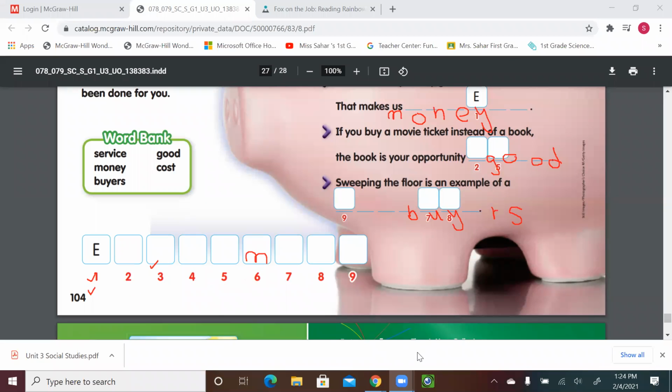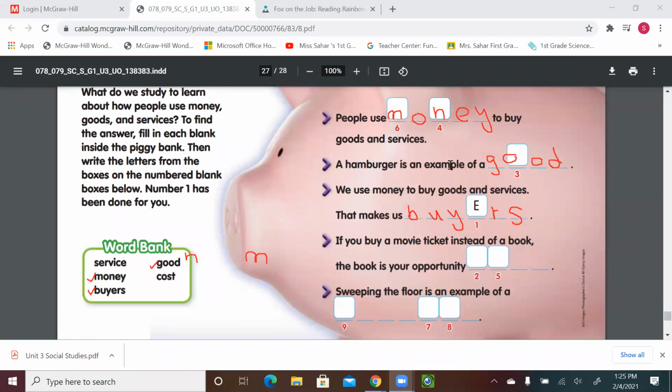And then I'm going to write N. Because remember, what I'm looking for, I'm trying to spell a word here. So that's what you look. You look at the number here, and you see what letter is written under the number. Okay. I know it looks funny now, but here it is. So we did the first one, money, the second one, good, the third one, buyers, and then number 4 and number 5 will be your turn to finish them.